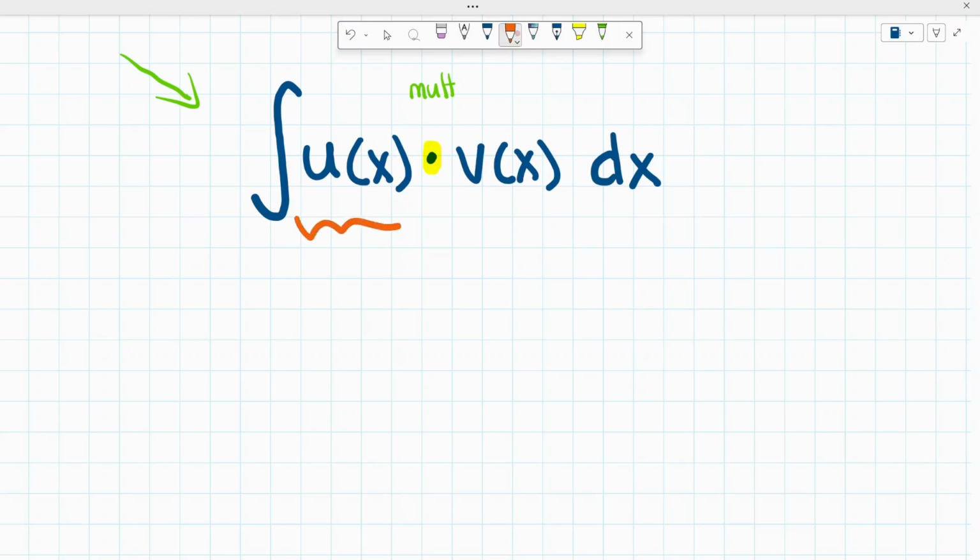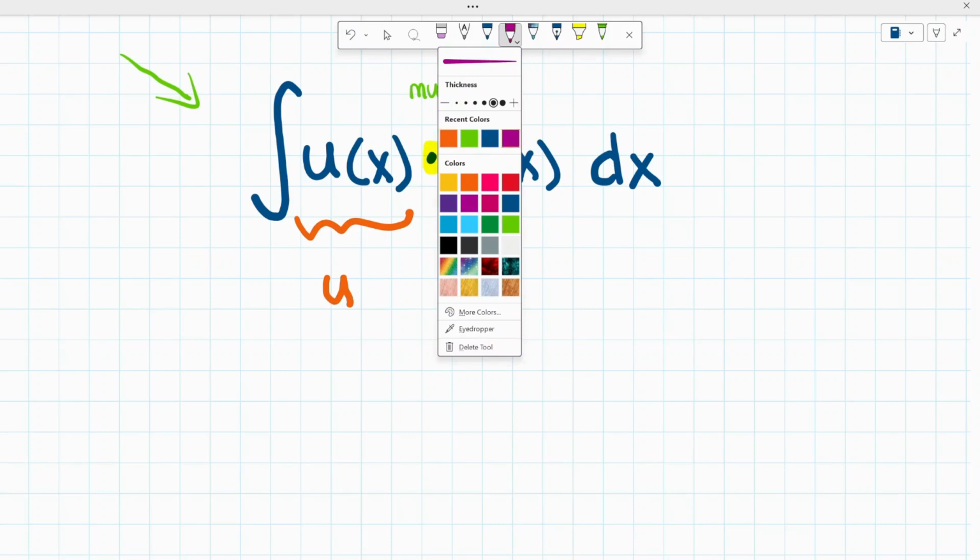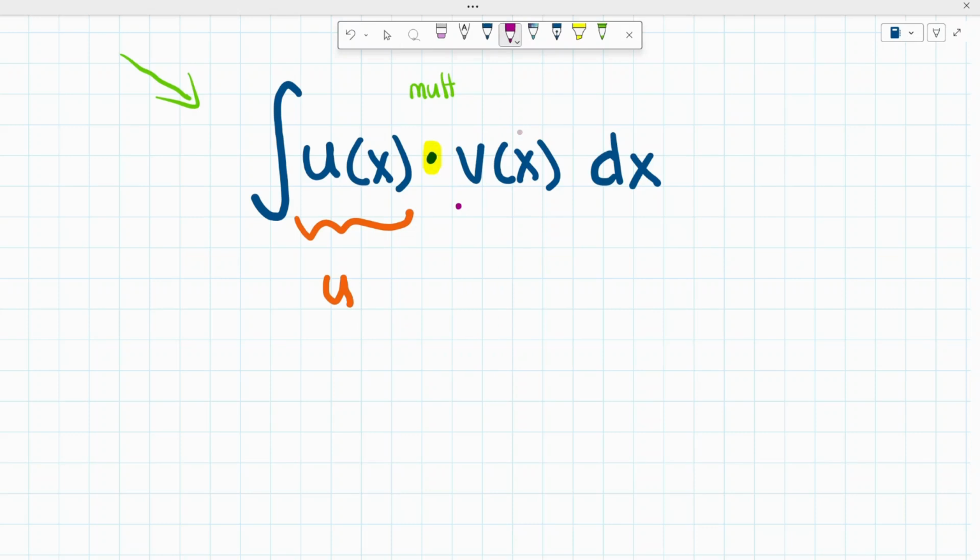So this function u of x here, we're just going to call this u, so not too hard. And then we're going to take the rest of our function, so the v of x dx, and we're going to label this dv. Okay, so we have u and we have dv.